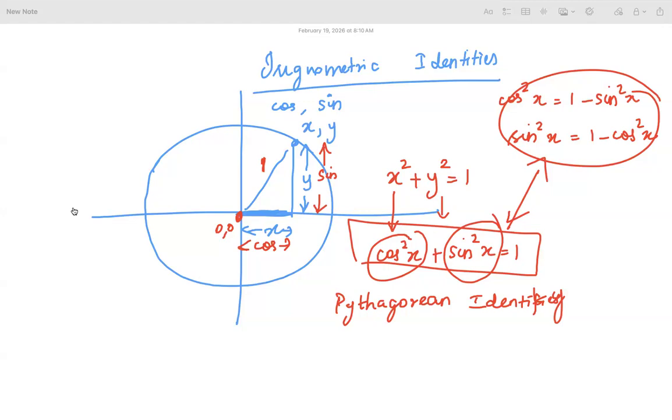Okay, now can I move on? Now that we discussed Pythagorean identities, we have to discuss reciprocal Pythagorean identities. Let me put it down separately so you know.